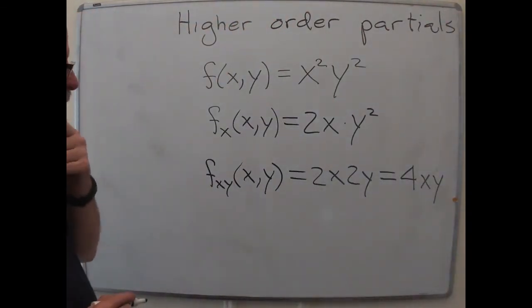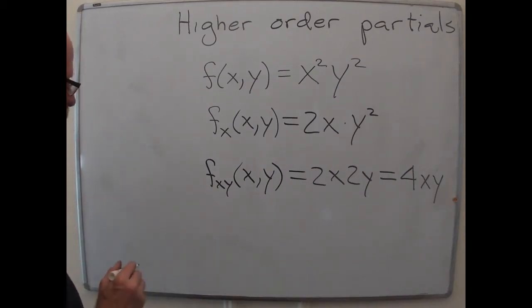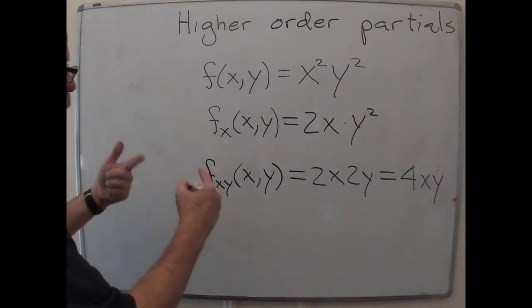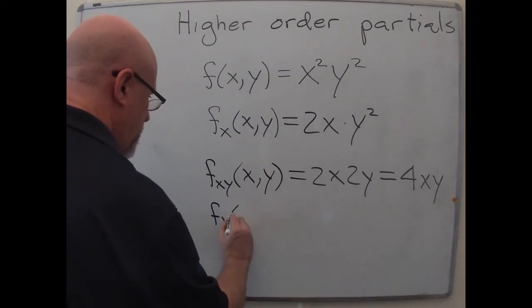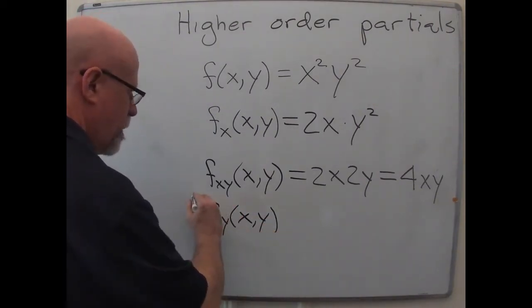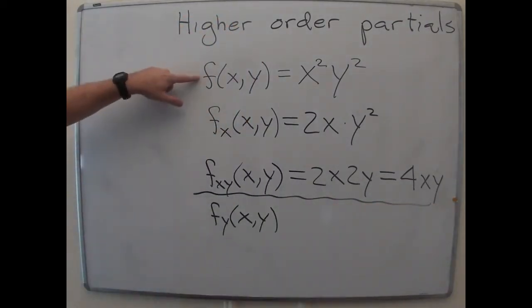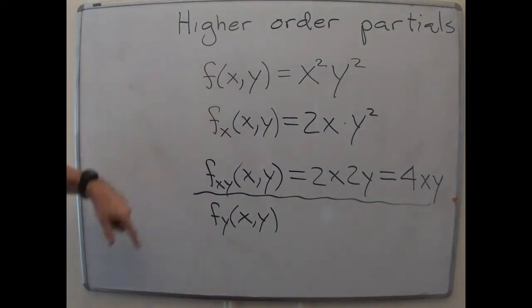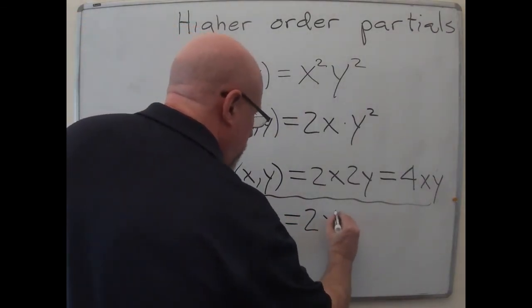There's a kind of funny business going on here that I want to point out to you. What if we did this in the other order? If I figured out what f sub y was first, starting with this f, well, it's x squared times 2y, or 2x squared y.